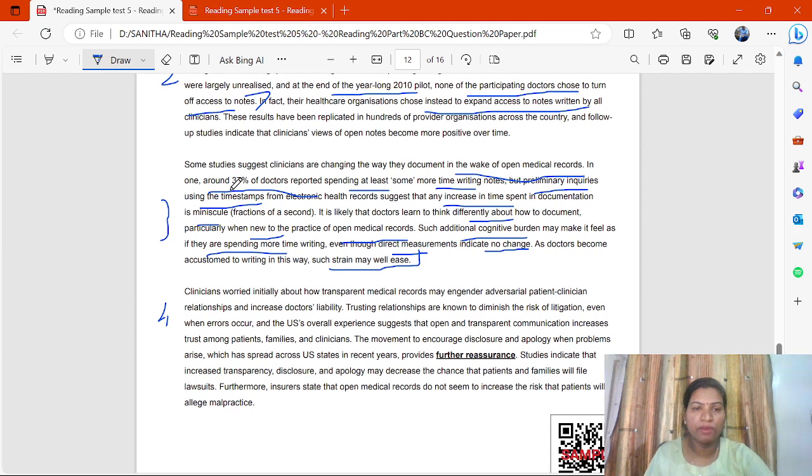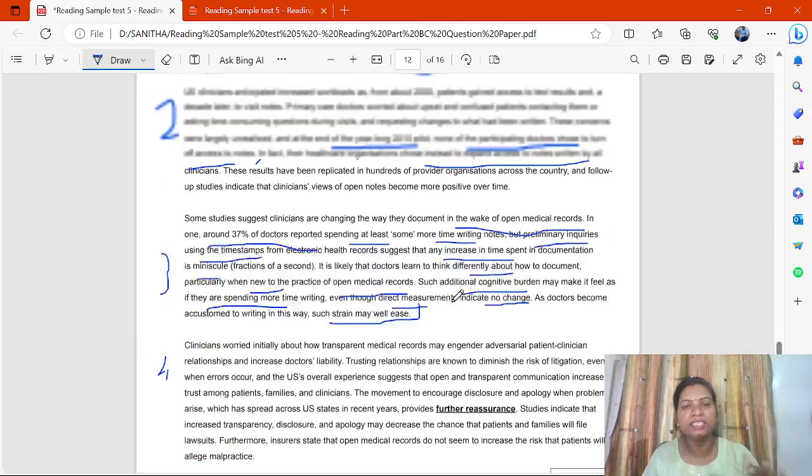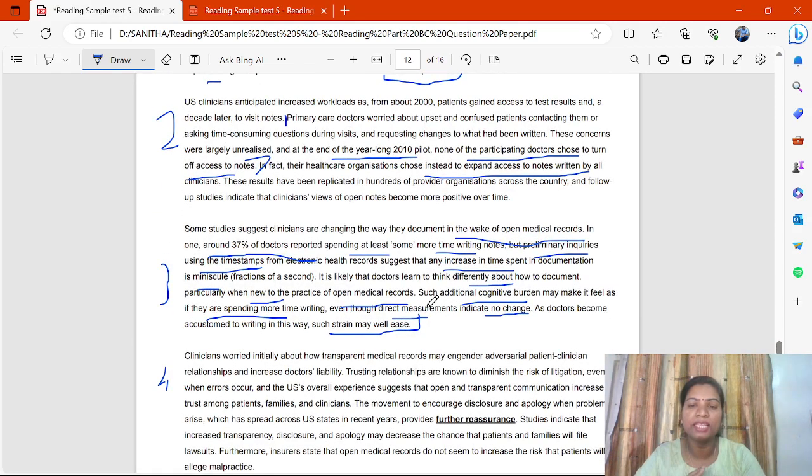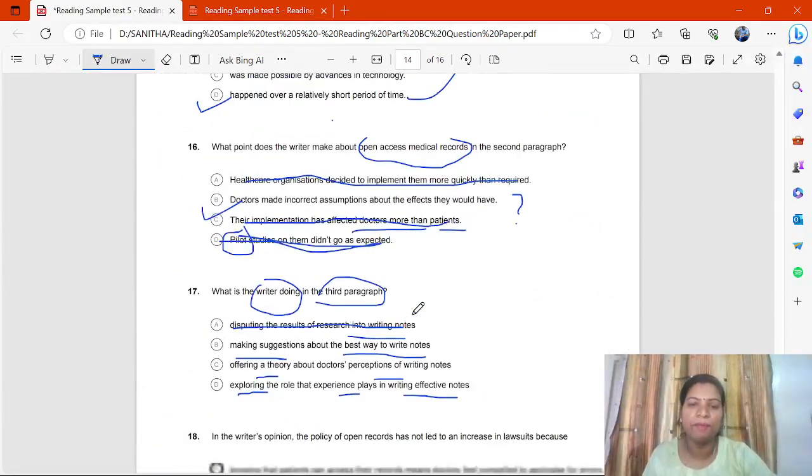Around 37% of doctors report spending some more time writing notes, but preliminary inquiries using timestamps from electronic health records suggest that any increase in time spent on documentation is minuscule. Minuscule means a fraction. It is not saying anywhere the best way to write the notes. Is it said anywhere? No, it is not said anywhere.